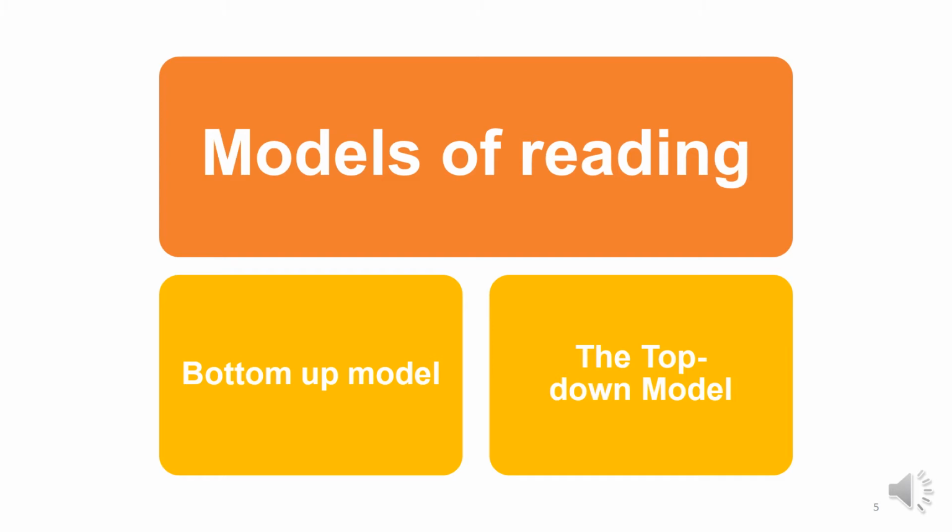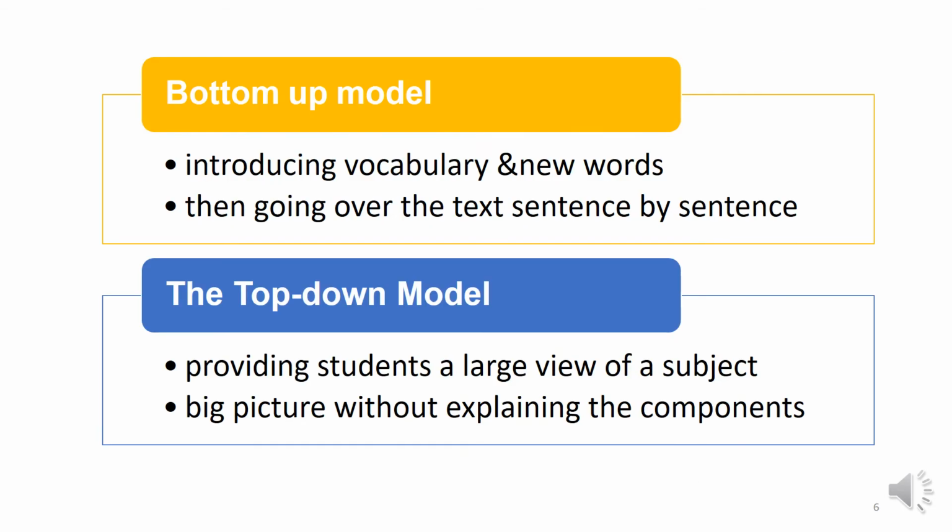The models of reading comprehension: we have two general models, which are the bottom-up model and the top-down model. The bottom-up model involves the reader building meaning from the smallest units of meaning to achieve comprehension.